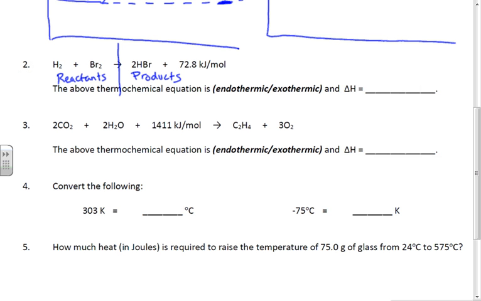So we look and see where our energy is, and our energy is found on the product side. So since it's on the product side, that means that it's being given off, it's being released, it's exothermic, and since it is being given off, it's going to be a negative delta H, and then we just take our number that was in our equation, 72.8 kilojoules per mole.